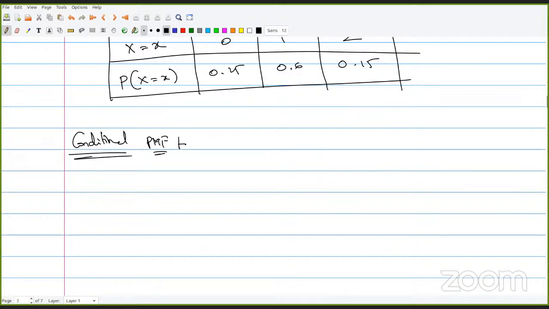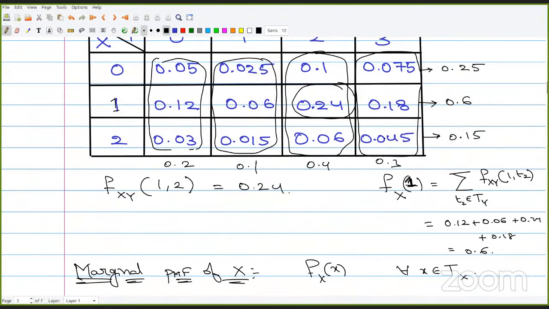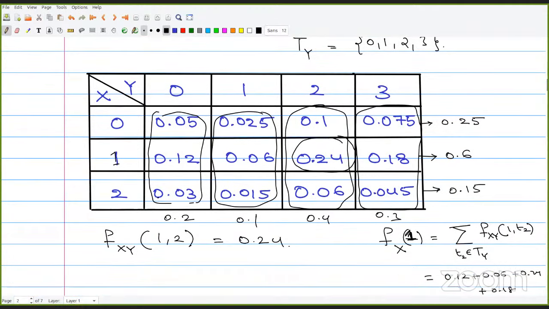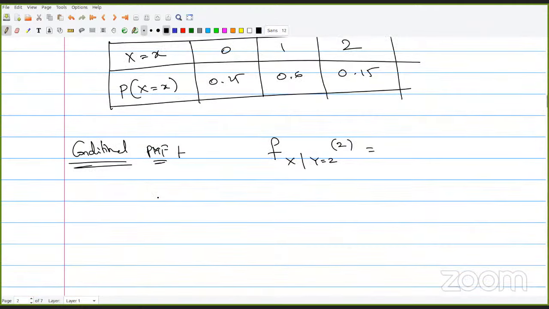So the conditional PMF, the questions may be like this: F X given Y equals 2. The condition is that Y is equal to 2. We have to find the probability that X takes value 2.